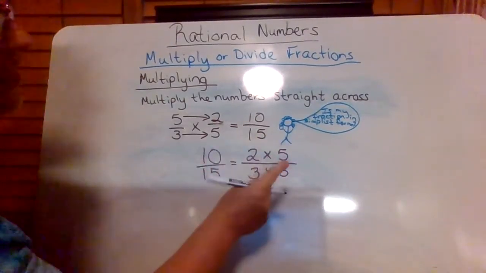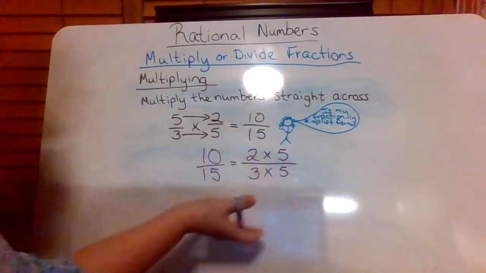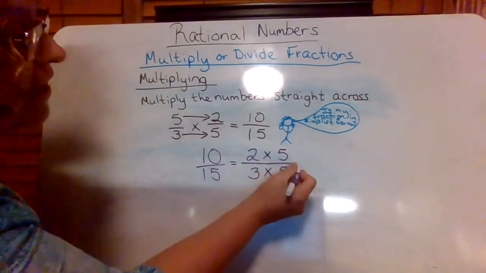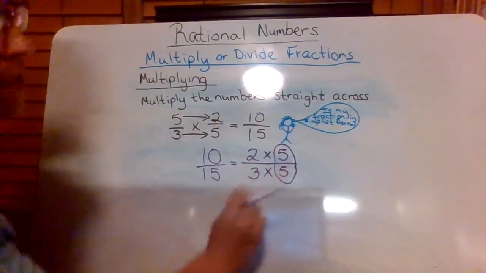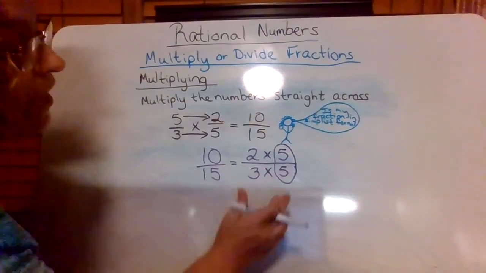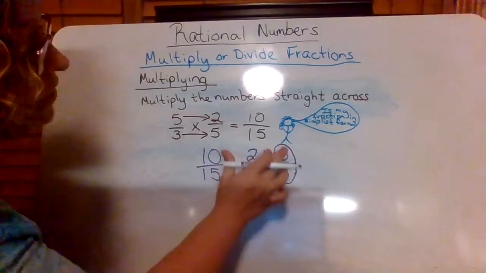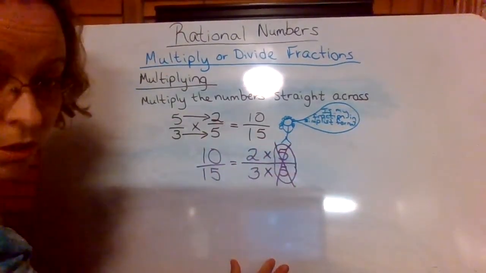Now, do you see anything that happens both in the numerator and the denominator? Is there any number that shows up both places? Yes, the 5 does. See that? There's a 5 in the numerator and the denominator. Guess what we can do? If you see a number that's the same in the numerator and the denominator, those cancel each other out.